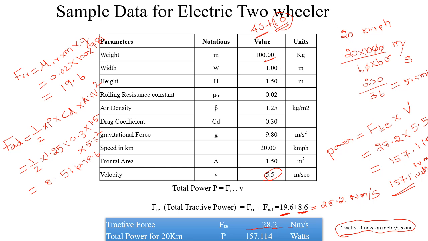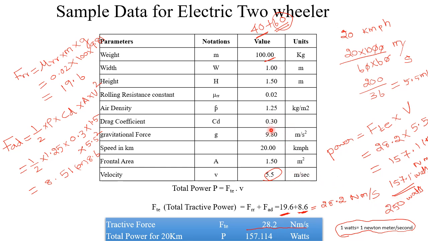You won't get a motor with 157.1 watts, but you can get a motor of 200 watts or 250 watts, so that even if the weight is a little bit higher, like 110 kg, this 250 watts motor can still drive the vehicle.